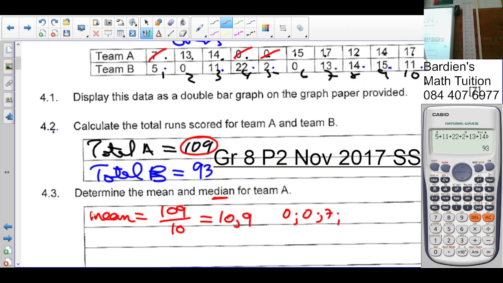Then there's 13, a 12. Then we have a 13. 2 14s, and 15, and 2 17s.